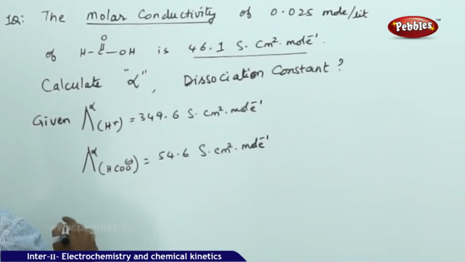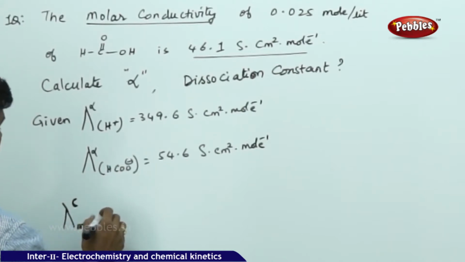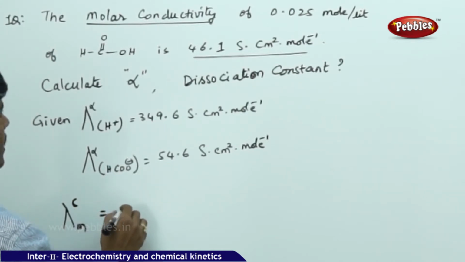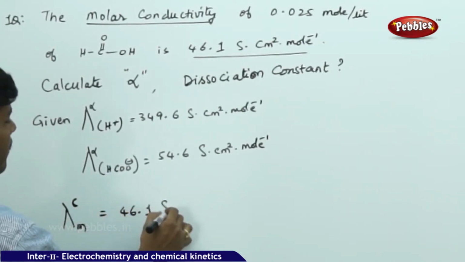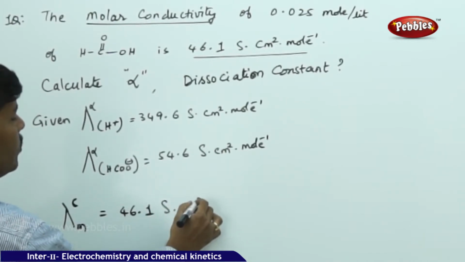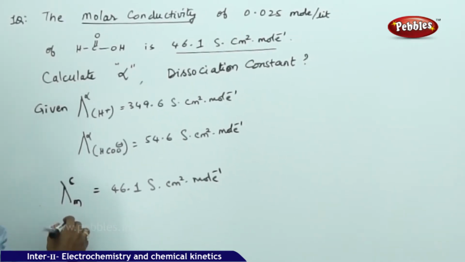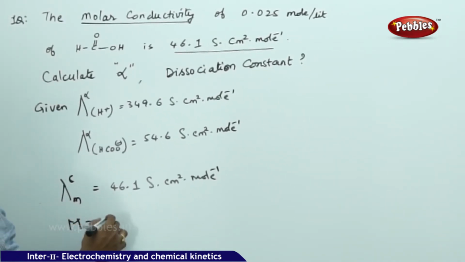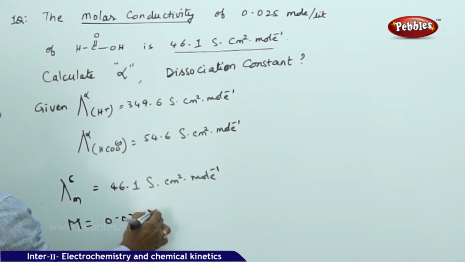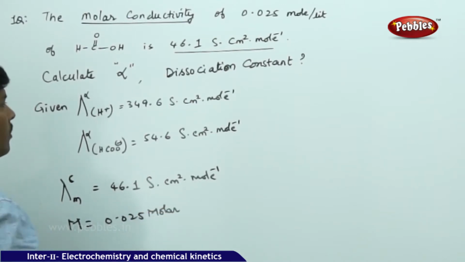So first I am writing that the molar conductivity at a given concentration C is 46.1 Siemens centimeter square per mole, and the molarity concentration is given as 0.025 moles per liter.